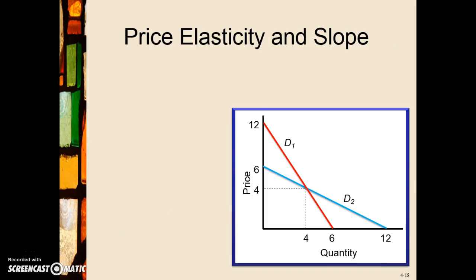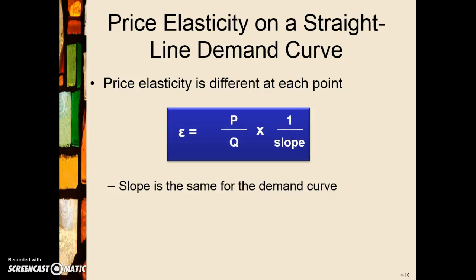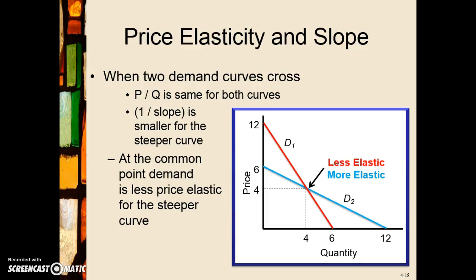Let's do one more example of this. We have two demand curves here with two different slopes, and the price is 4 and the quantity is 4. We're going to calculate the price elasticity of demand when the price is $4 on D1 and on D2, which should give us two different elasticities. Let's do it in our heads.